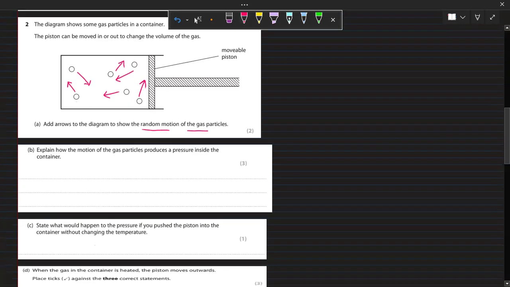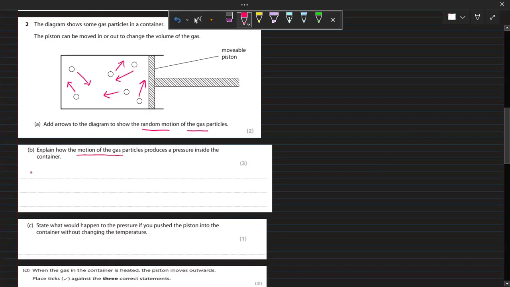Now, explain how the motion of the gas particles produces a pressure inside the container. How do these gas particles produce a pressure inside the container? Due to the motion of the gas particles, how is the pressure developed? So we have to talk about the collision of the particles, right?